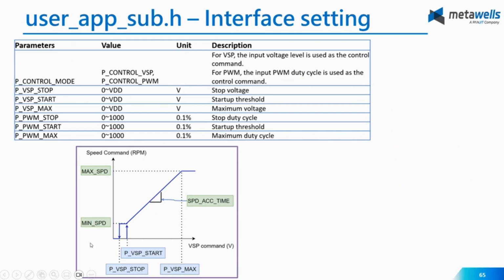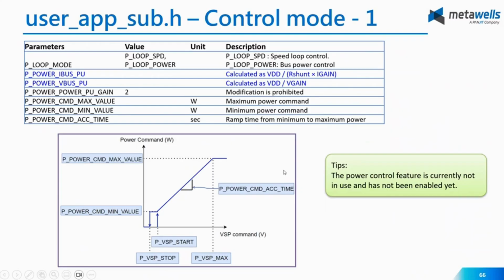The configuration logic for both PWM and VSP interfaces is the same, including settings for the start value, the running value, and the max value. The power control feature is currently not in use and has not been enabled yet. So let's skip this slide.